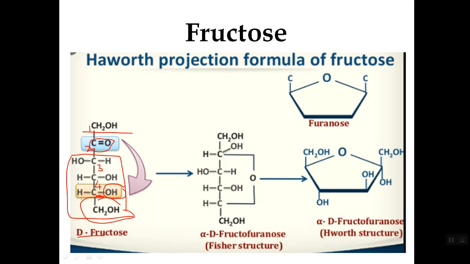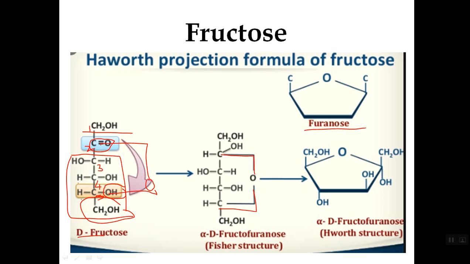And D-fructose shows the cyclic ring structure, where cyclization takes place between the C2 and C5 carbon atoms. This results in a 5-membered ring, which resembles the structure of furanose.